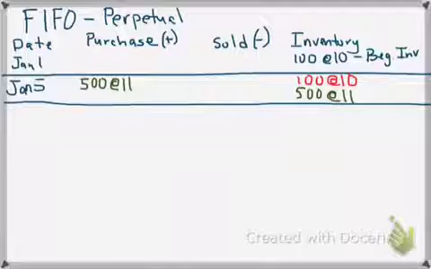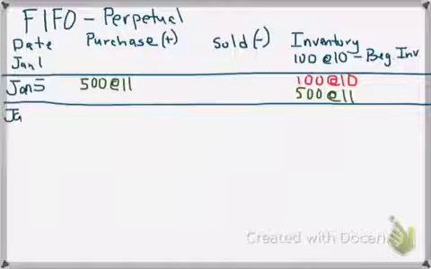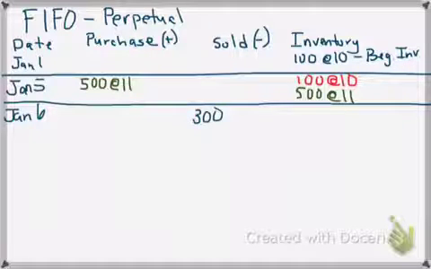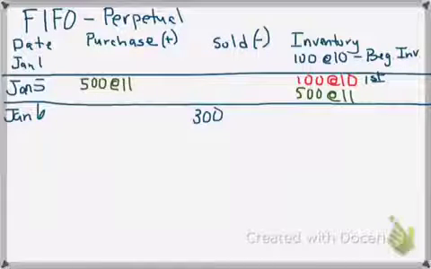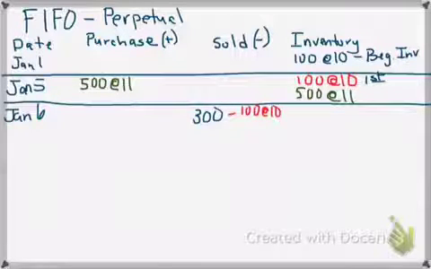Then we get to January the 6th, and on January the 6th, we are going to sell 300 units. Now, which 300 units are we going to sell? Well, this is FIFO, so we will look at the first units that we got in first. So we will be selling 100 of these red units, the $10 units.